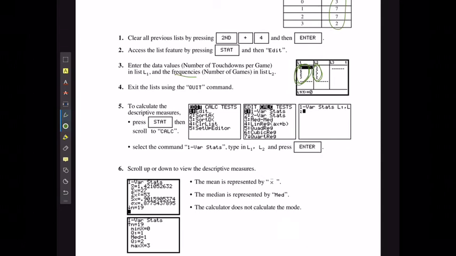Remember that for the TI-83s and 84s, for L1, L2, L3, don't type in L1 and L2. It's going to be second 1, or second 2, or second 3. Look at the listing in the blue. Make sure that it knows that list 2 is going to be your frequency list.